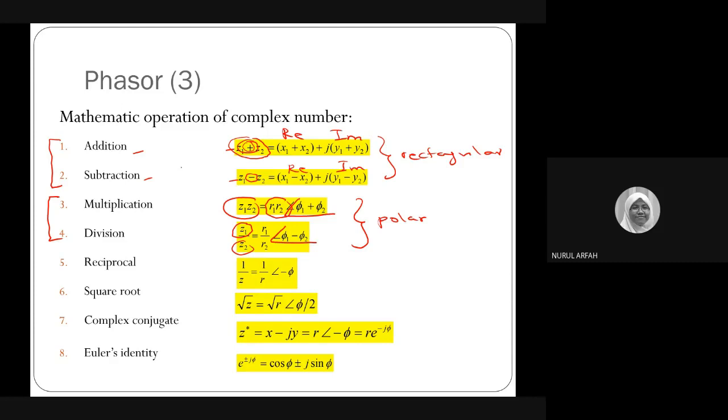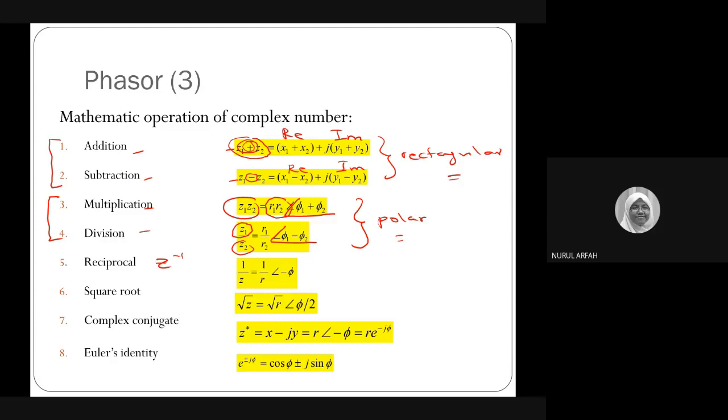So you can check the way they solve it. This is using rectangular for the first two, and the other two using polar form. For reciprocal or square root, you have 1 divided by z, because this is the reciprocal.